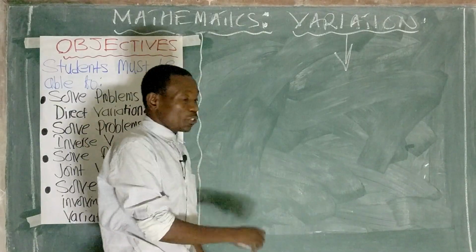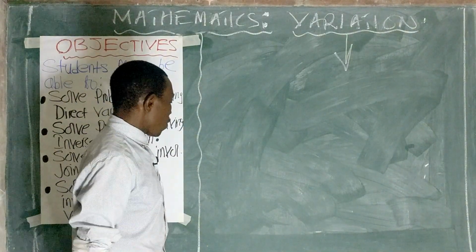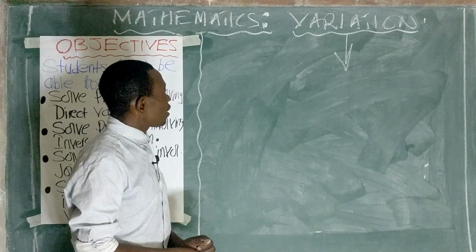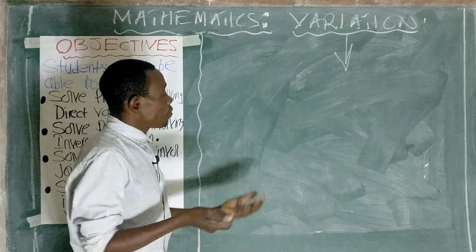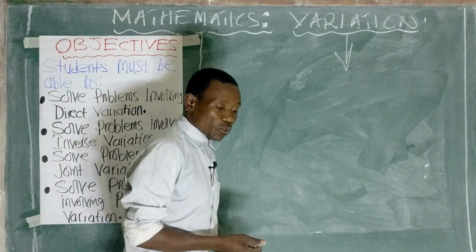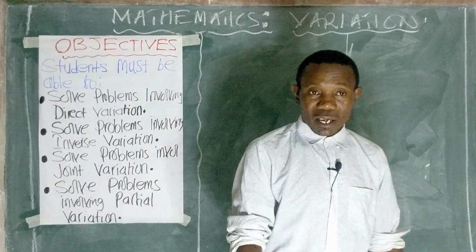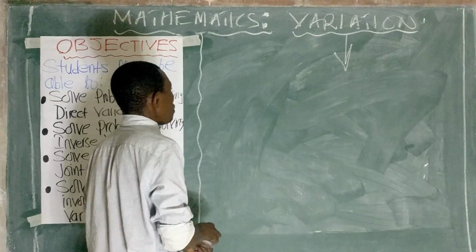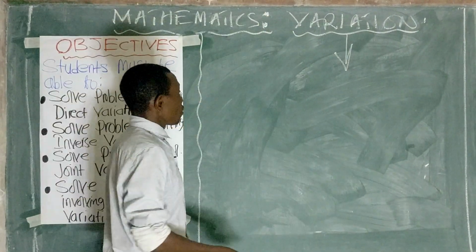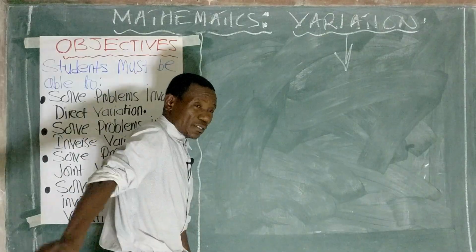Right, now let's define what it is about this topic. When we talk of variation, in our case, what does it mean? By the terminology itself, variation can be defined in different ways, but here mathematically, what is it that we are trying to emphasize? Right, in this topic, we are going to focus much on the quantities.